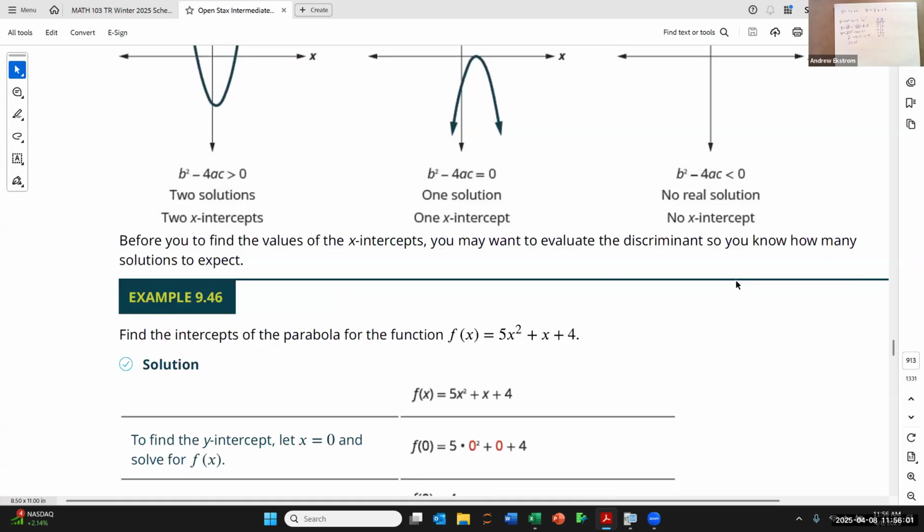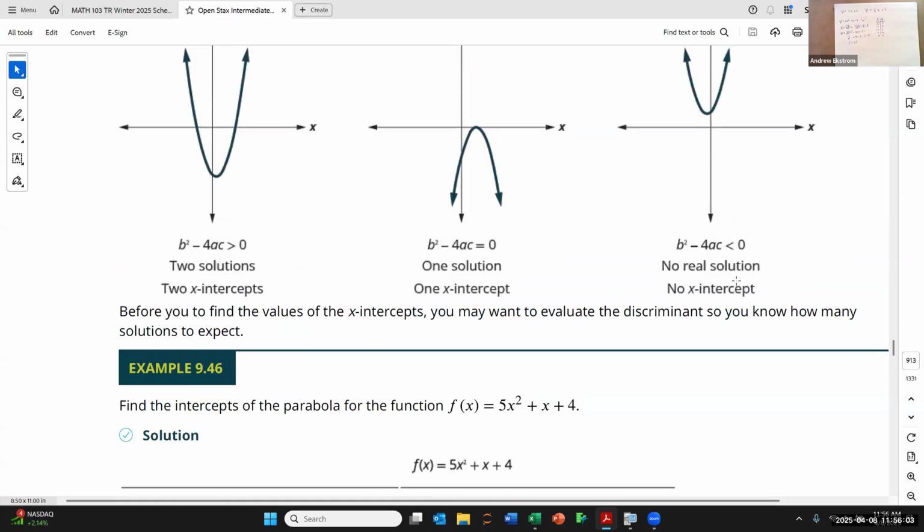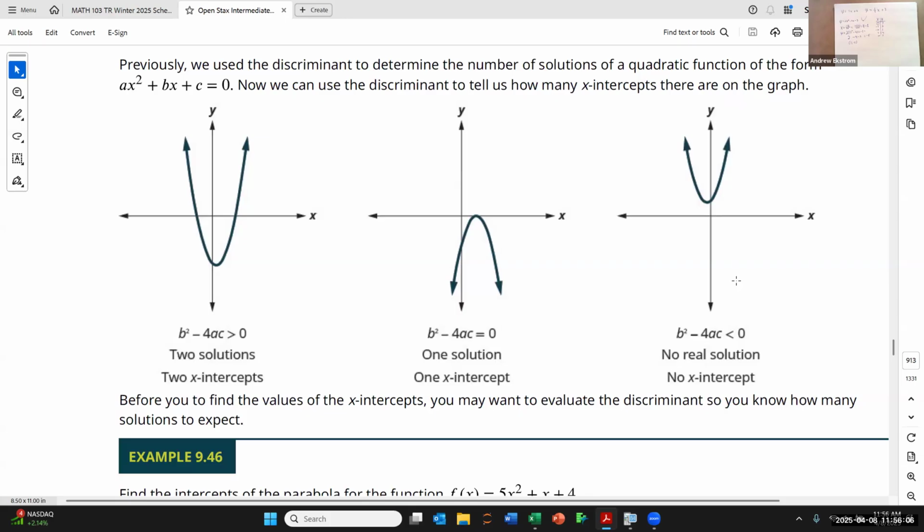And then you see all of this stuff. What we've got here, we've already kind of talked about. This is just saying that everything that goes under the square root, if you're trying to factor things, if that ends up being greater than 0, you have two real solutions.